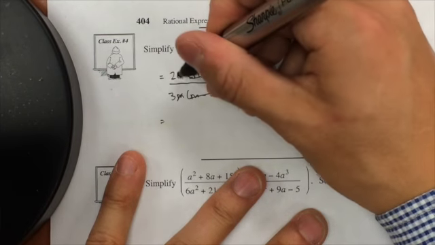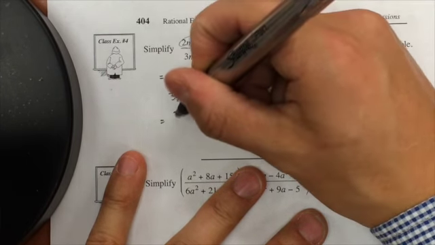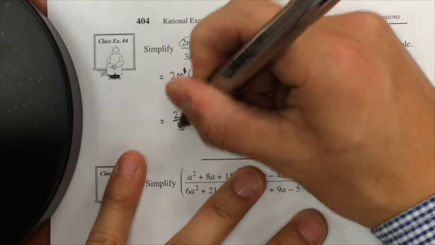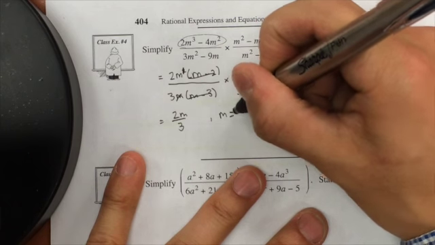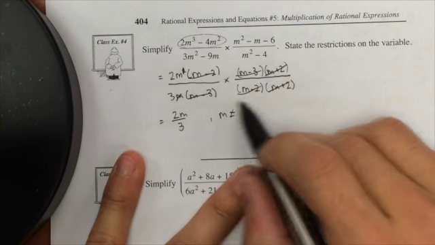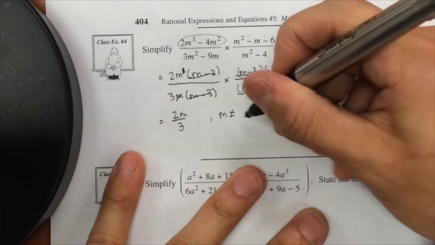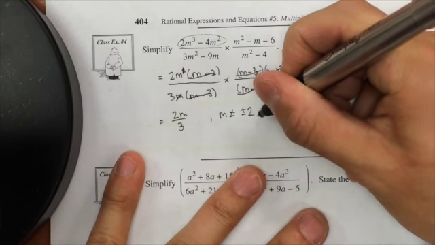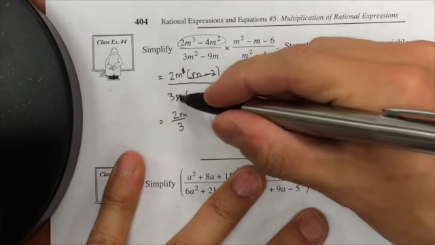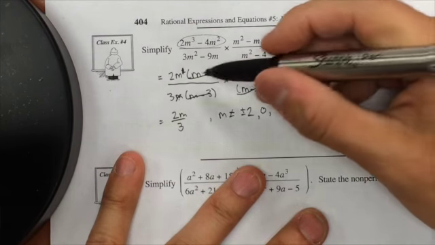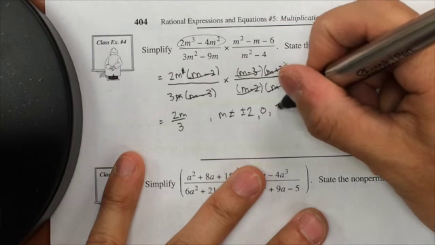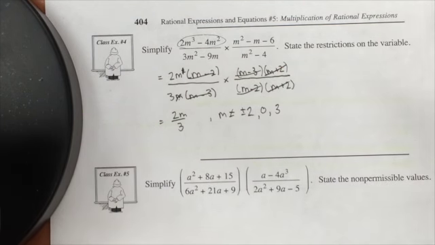And so my final answer I'll be left with is these two terms of 2m over 3. And then I have to say my restrictions, which are going to be m cannot equal, if I look at the numbers on the bottom, I have both plus and minus 2, 0 coming from this 3m, and I have a positive 3 there. And that would be my final answer.